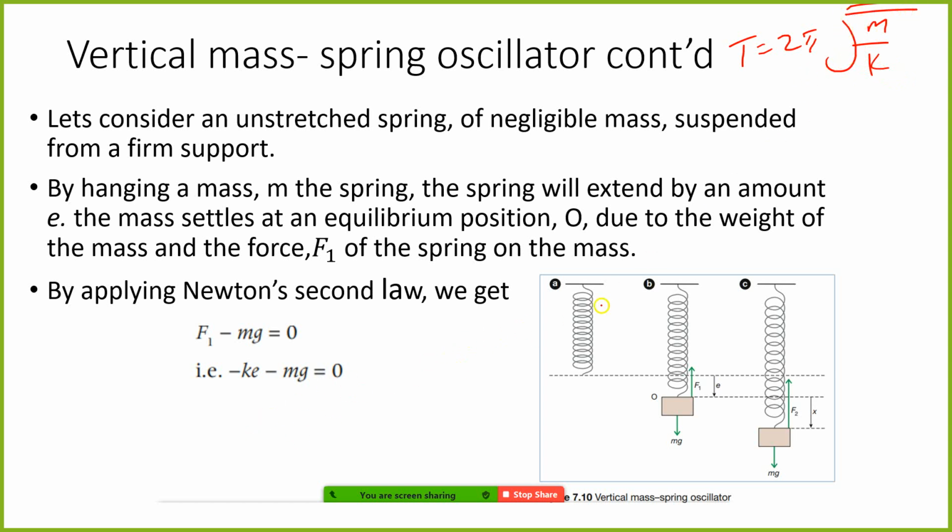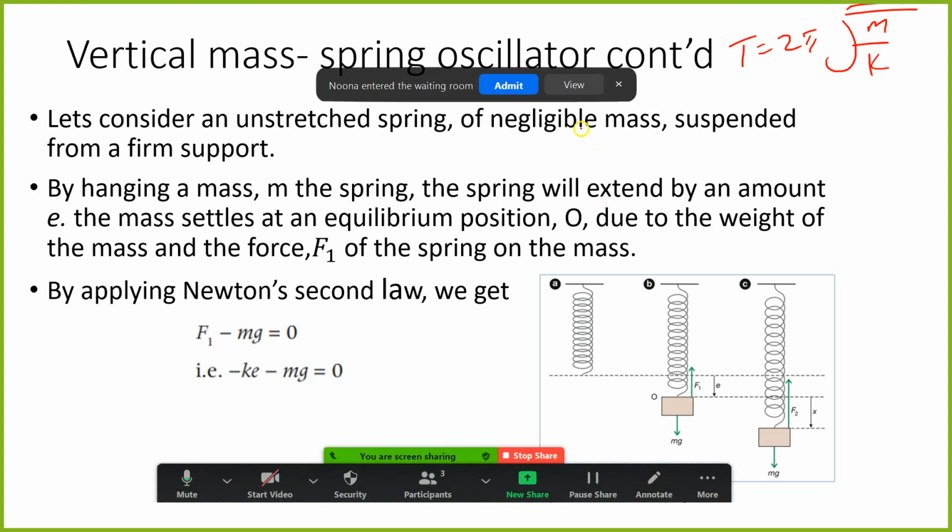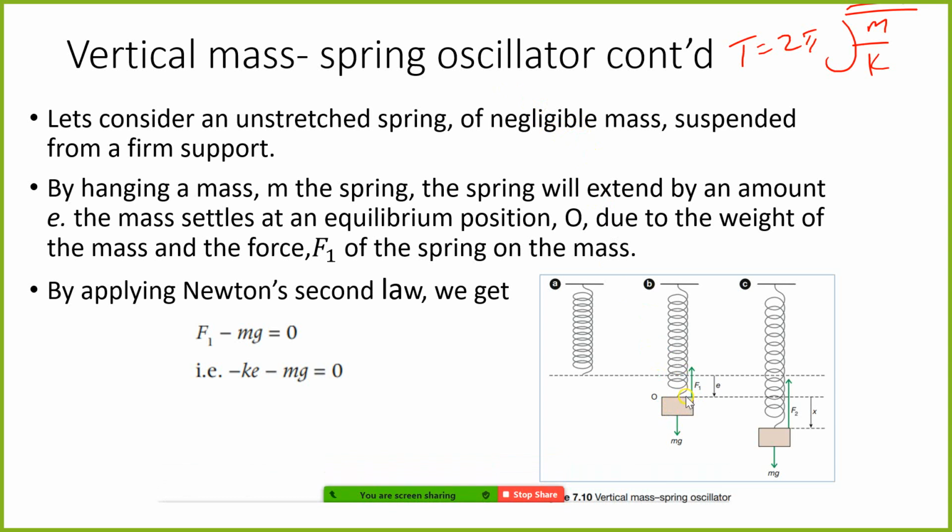Then I would have to start from this standpoint. At first, I would start out with a regular spring which wouldn't have any mass attached to it. But now, when I attach a mass to the spring, what you would observe is that there's going to be an extension, meaning that the spring is going to extend to a certain amount.